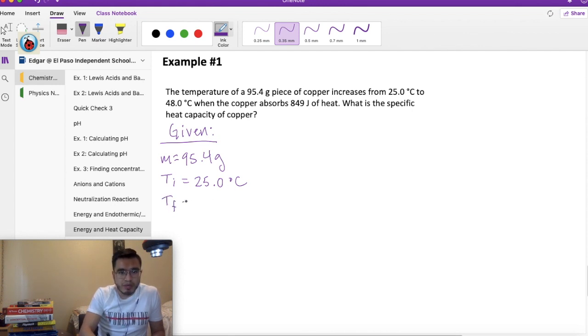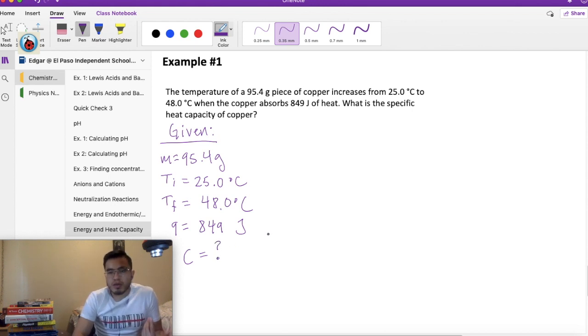Then temperature final, we said it was 48.0 degrees Celsius. Then we have 849 joules of heat. Joules, energy, heat energy, so that would be Q. 849 joules. We're looking for specific heat capacity. That would be C equals question mark.